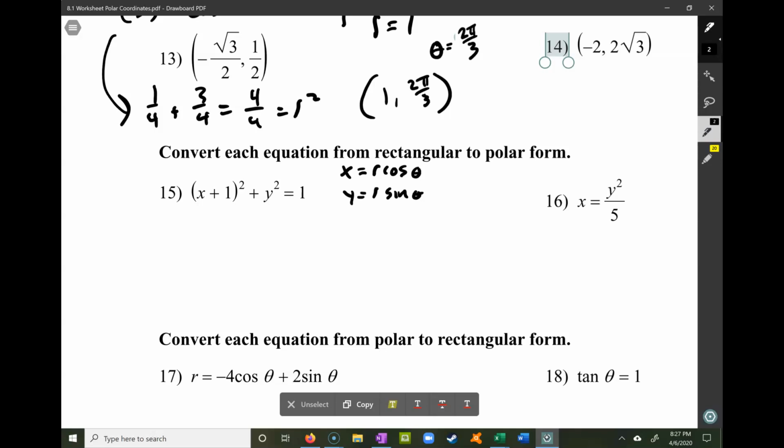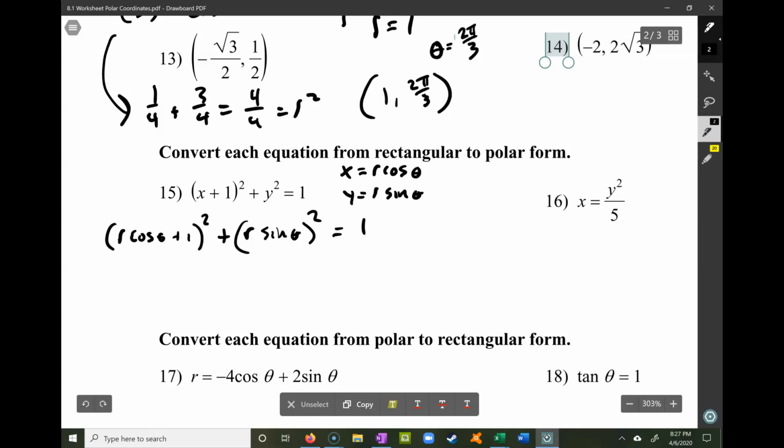So if I grab this, I'm just going to go r cosine theta plus 1, squared, plus r sine theta, whole thing squared, equals 1.